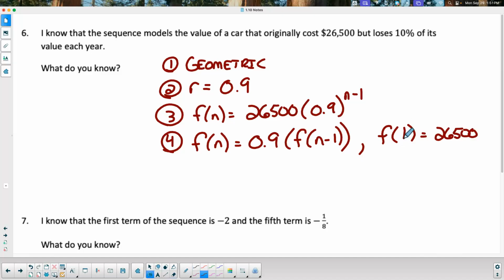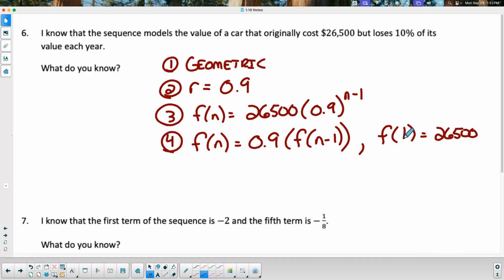Okay. Last one, number 7. I know that the first term of the sequence is -2. I know the fifth term is -1/8. What do you know? Well, f of 1 becomes -2.